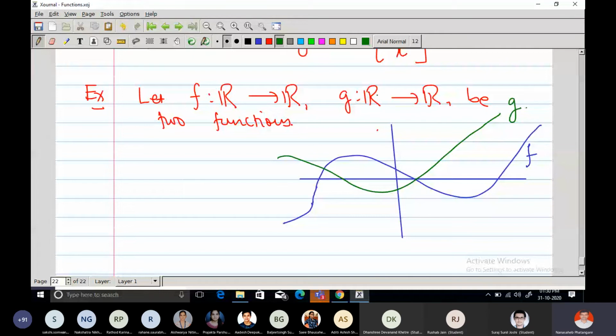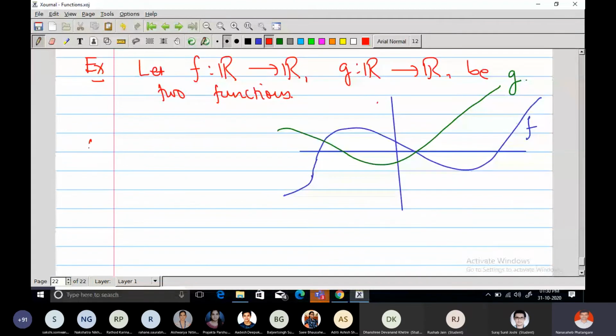Now I want to define a new function. So suppose f and g are known. Define phi from R to R by phi of x is equal to the maximum of f of x and g of x.